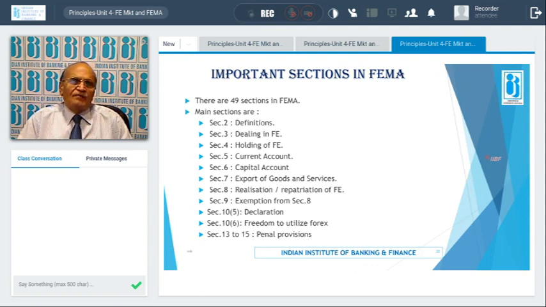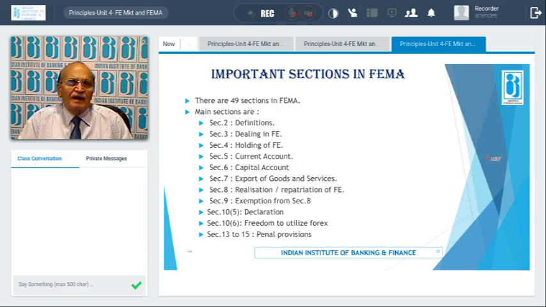It's also important for us to know the important sections in FEMA. The main sections: Section 2 gives definitions of the act and the terminologies. Section 3, dealing in foreign exchange. Section 4 deals with holding of foreign exchange.